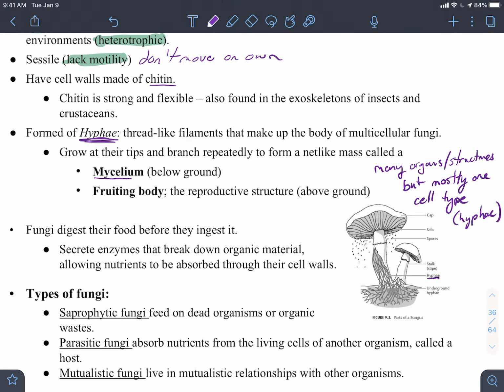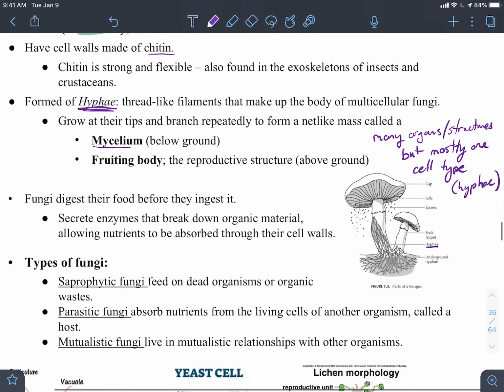All right. And so that's kind of interesting. It's a little bit different from what we'll talk about when we talk about plants. Plants have lots of different cell types even in the same organism.